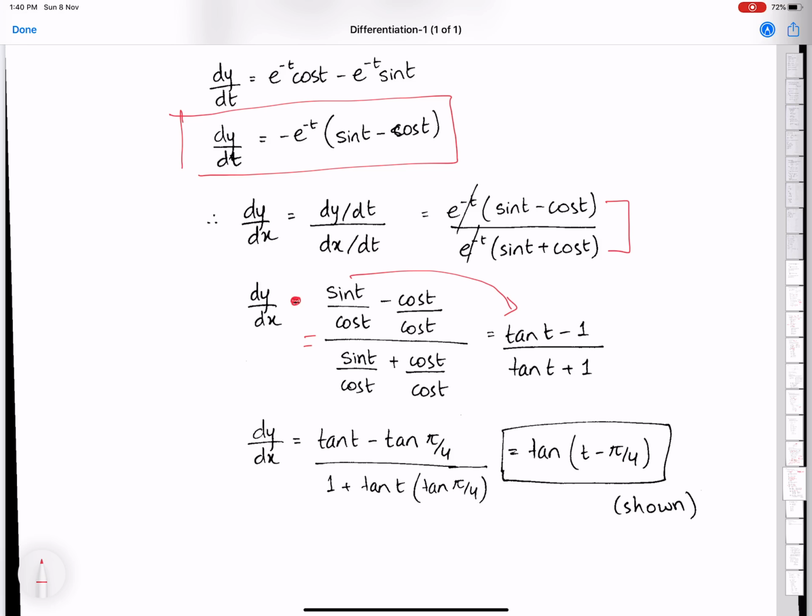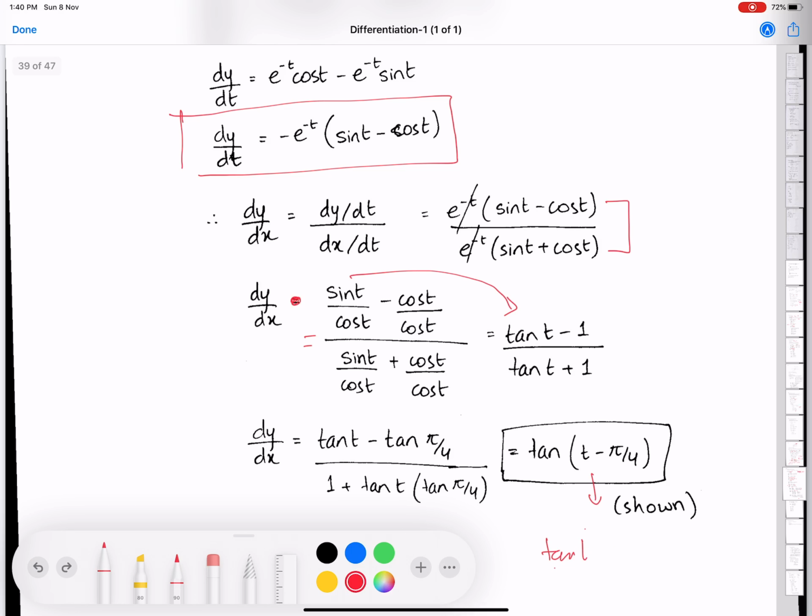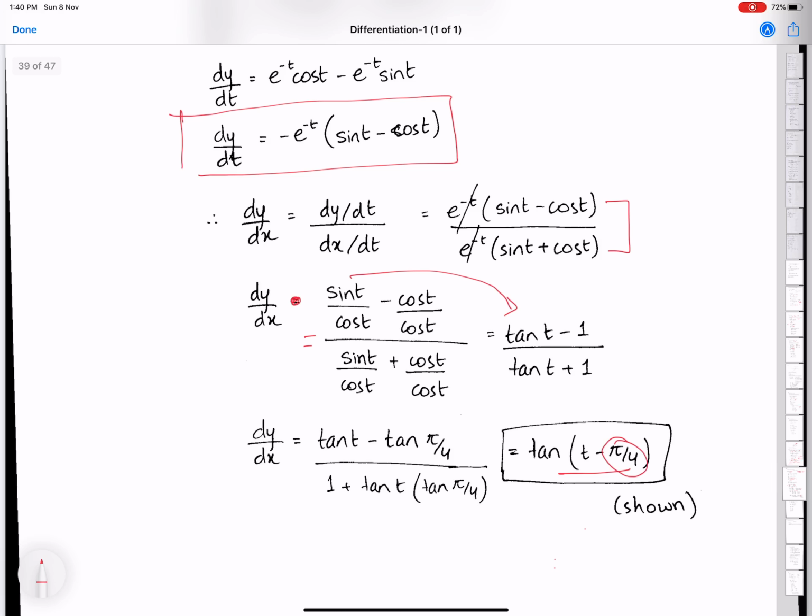You know, we have to prove t minus pi by 4. So if you expand this, you will get this. To get this solution, this pi by 4, you need to replace this 1 by tan pi by 4, because 1 is tan pi by 4. So if you replace this 1 by tan pi by 4, you can easily get this solution.